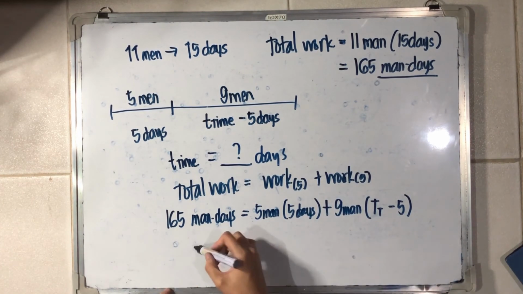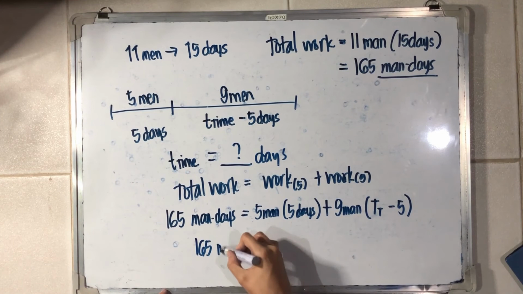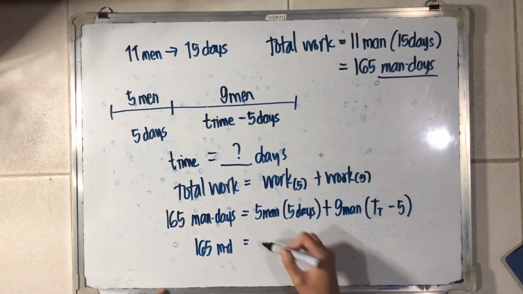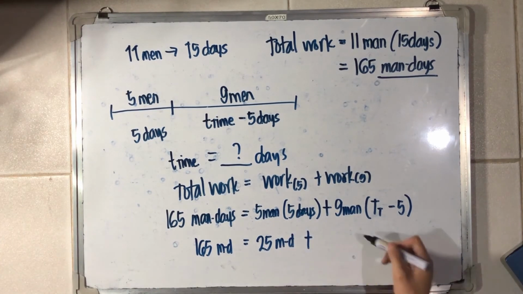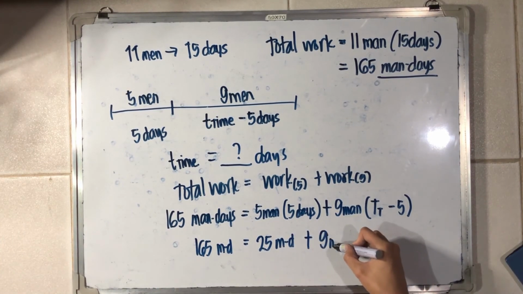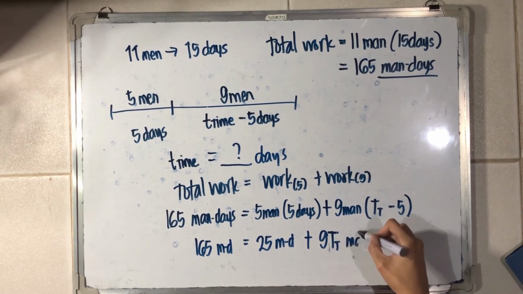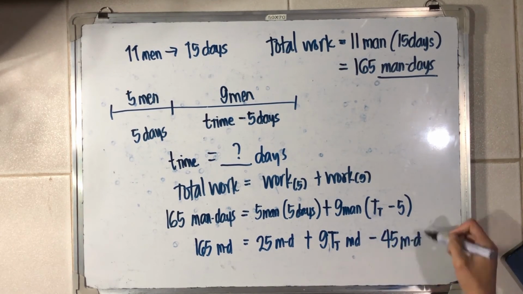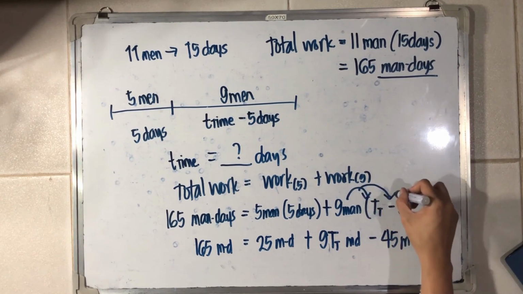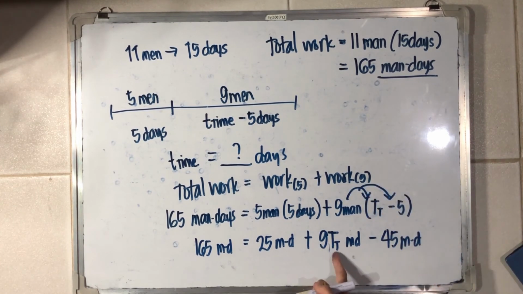Ayan. So, computing this again, this would be 165 man-days is equal to 25 man-days plus, how much would this be? 9 times T, 9T man-days minus 45 man-days. No? Ito is, dinistribute ko lang siya dyan, class. 90 man-days minus 45 man-days. Simplify natin ngayon, adding 25 minus 45, tapos lipat natin on this side.